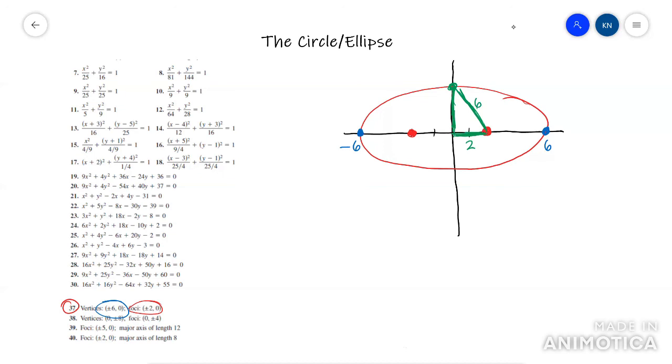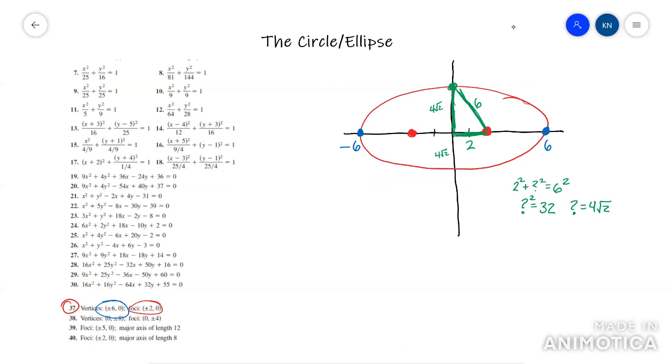To find this distance, you can just run the Pythagorean Theorem. You'll get root 32. Root 32 is 4 root 2. So now I know that it's up 4 root 2, down 4 root 2.